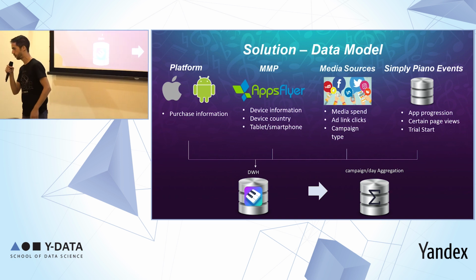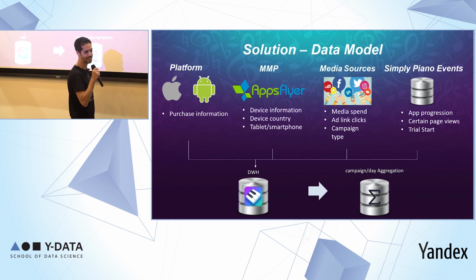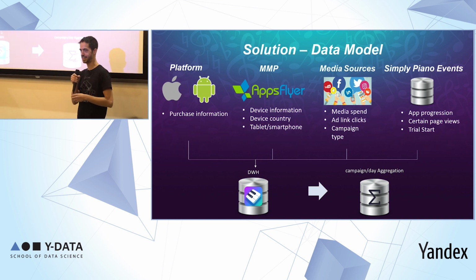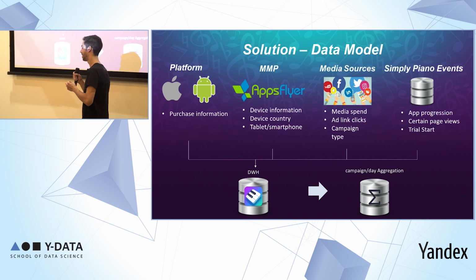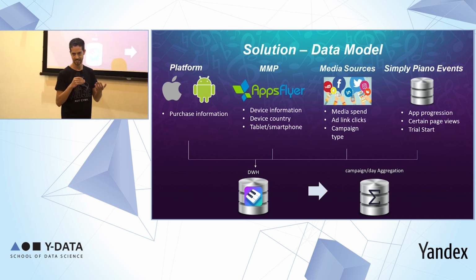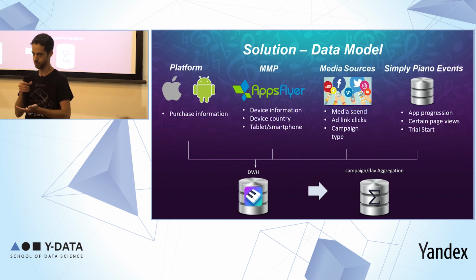From it we take the purchase information of the users who purchased in the first 3 days. The second source is the mobile measurement partner, which basically creates the connection between a specific campaign and a specific user. This is how we know that user ABC came from campaign 1, 2, 3.